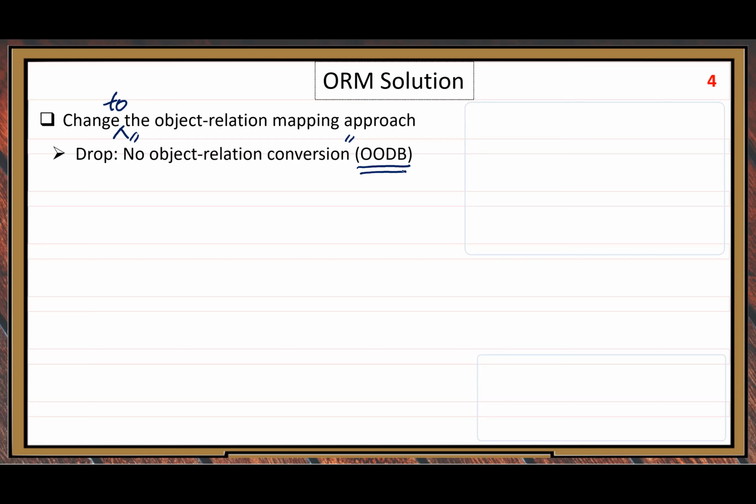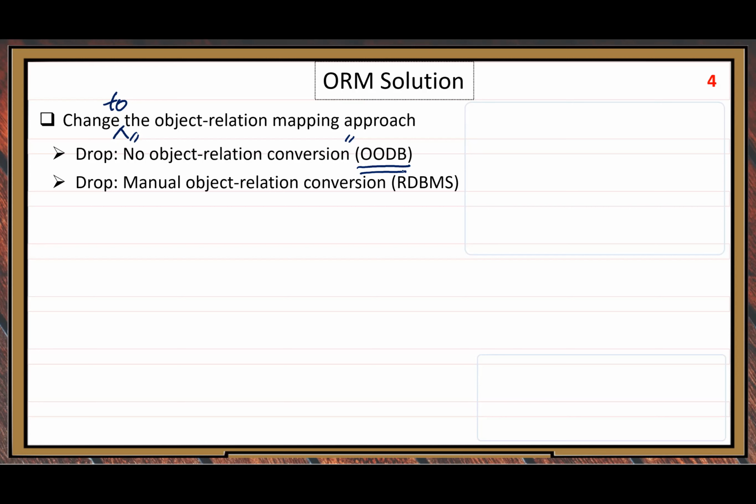In our ORM solution, we drop this big selling point. It's not a selling point anymore. Drop manual object relation conversion for that RDBMS, relational DBMS.